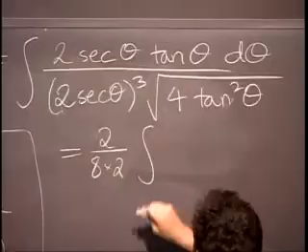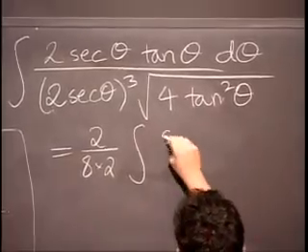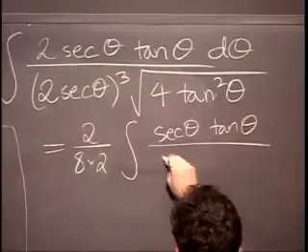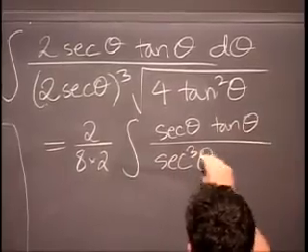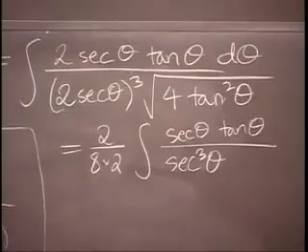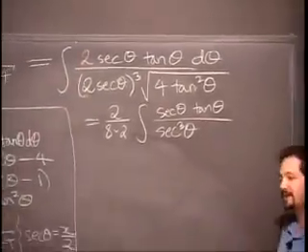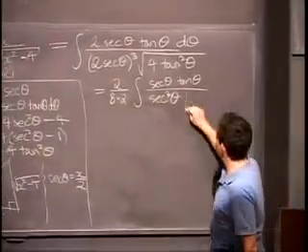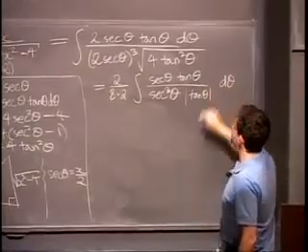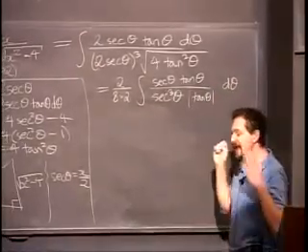Then I have an integral of, well, let's just write this out. Secant theta tan theta all over secant cubed theta square root of tan squared theta. This is where you can really see, you take the square root of tan squared theta, you should write absolute value of tan theta. You should write that because the square root of x squared is just absolute value of x.